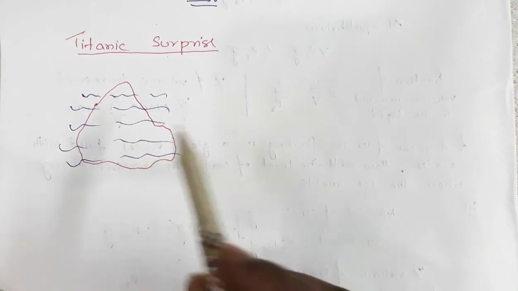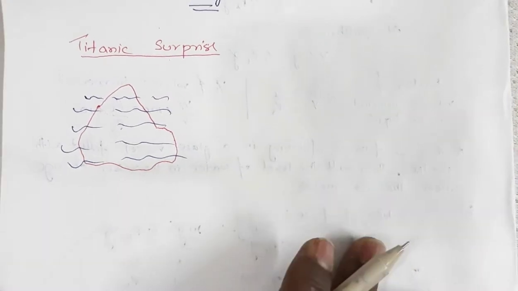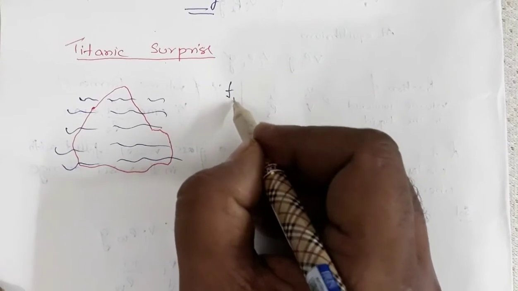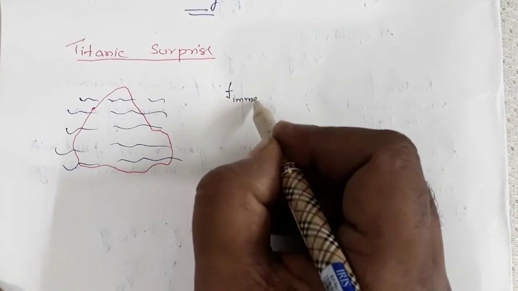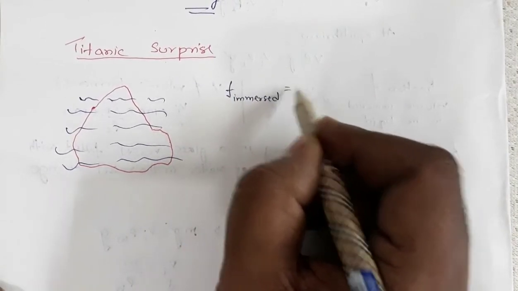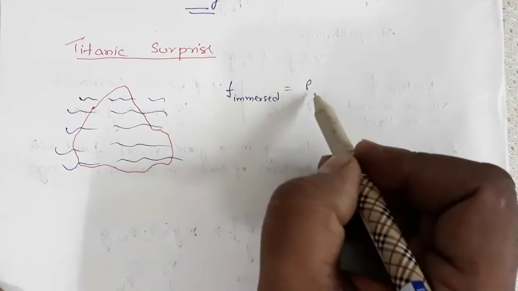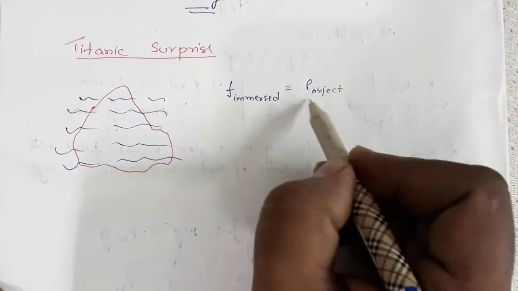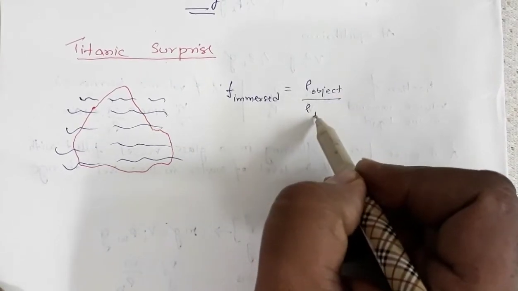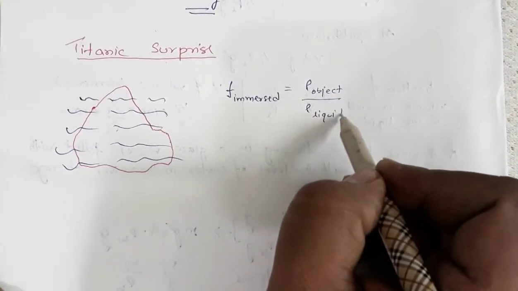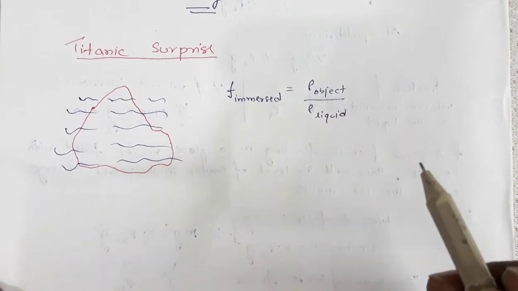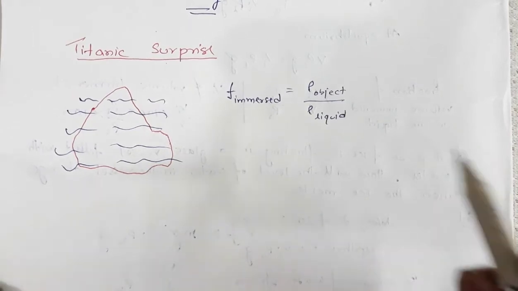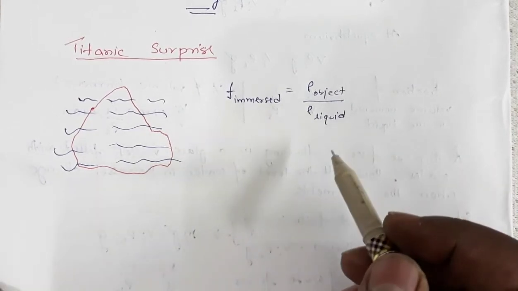As we have seen, the immersed fraction is equal to the density of the floating object divided by the density of the liquid. This is the expression we have already obtained.